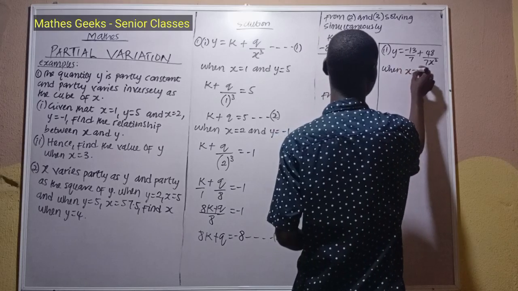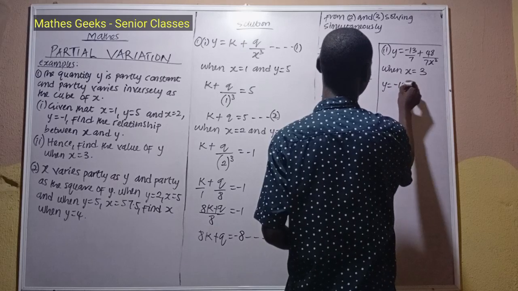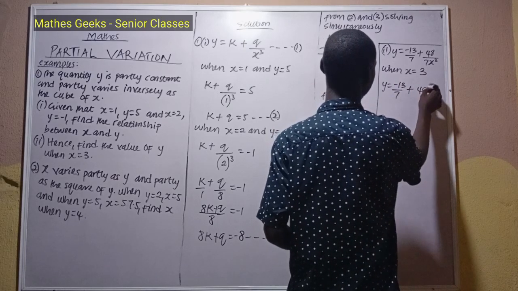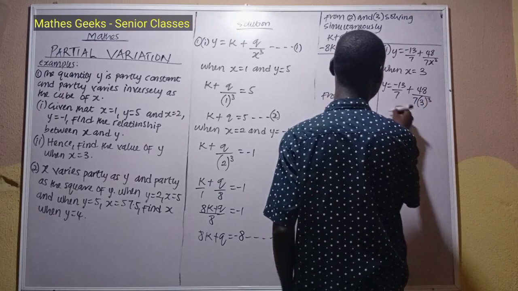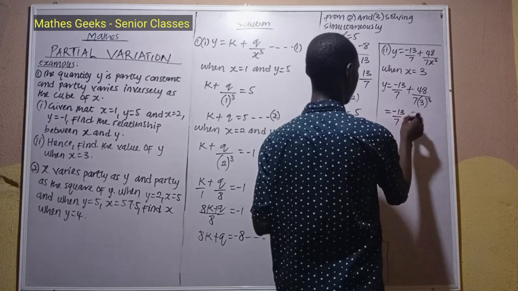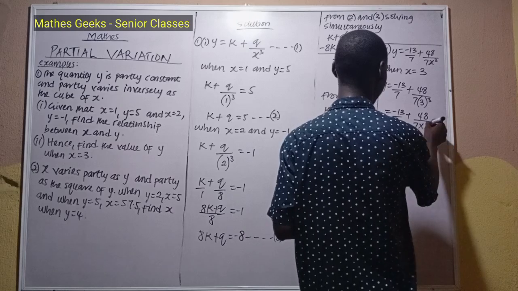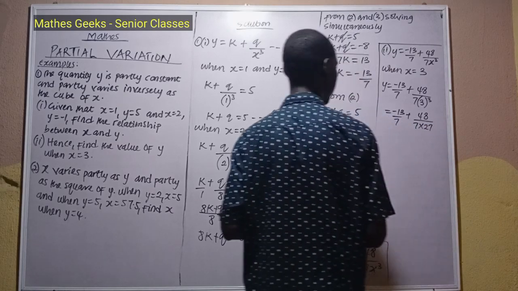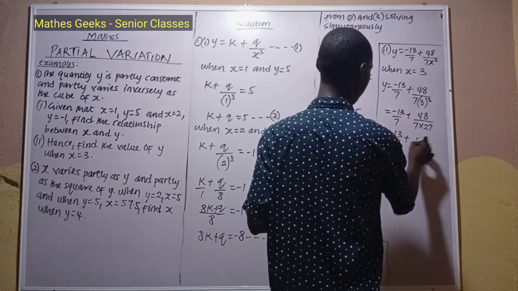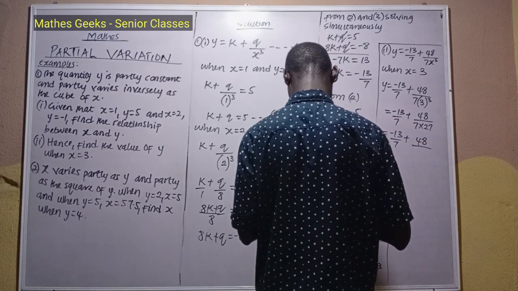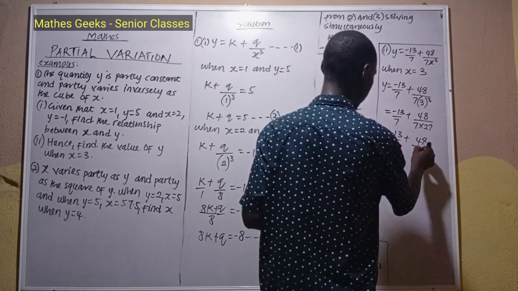When x equals 3, y is equal to minus 13 over 7 plus 48 over 7 times 3 raised to the power of 3. 3 raised to the power 3 is 27, that means 3 multiplied by itself 3 times. So minus 13 over 7 plus 48 over 189.